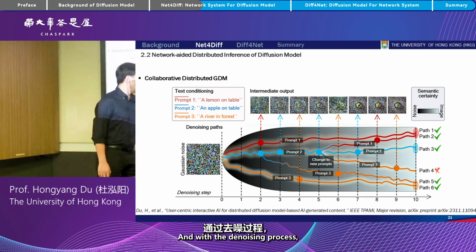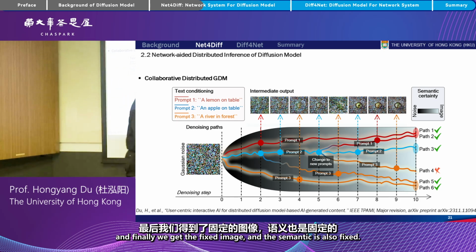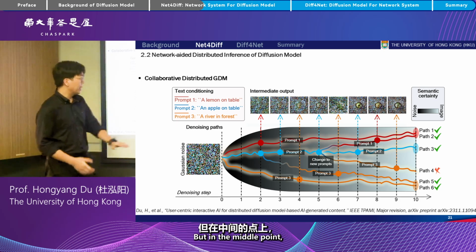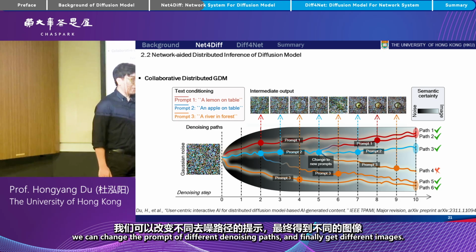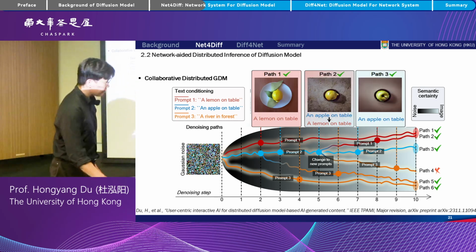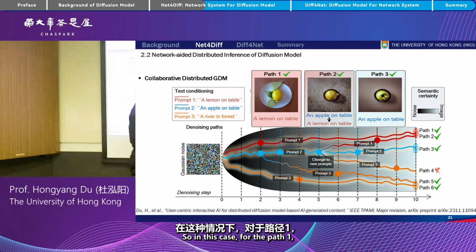And with the denoising process, finally we get the fixed image, and the semantic is also fixed. But in the middle, we can change the prompt of different denoising passes, and finally get different images.